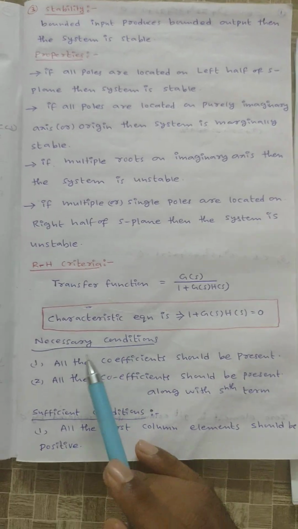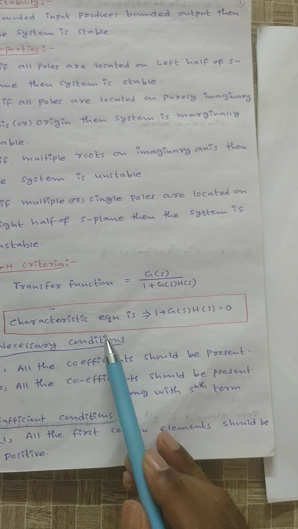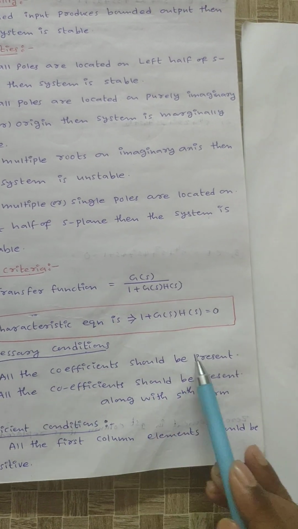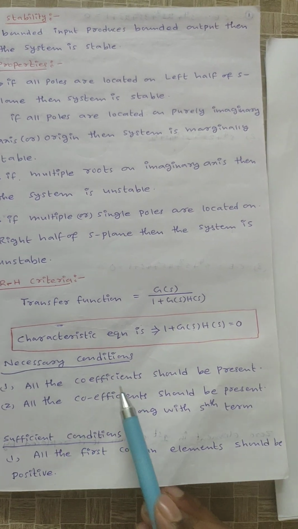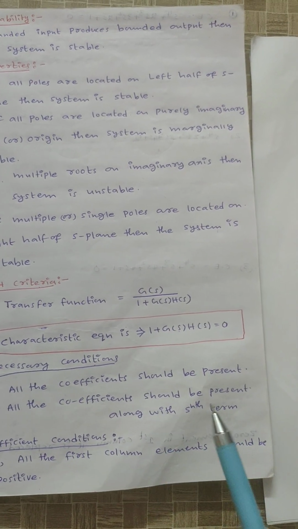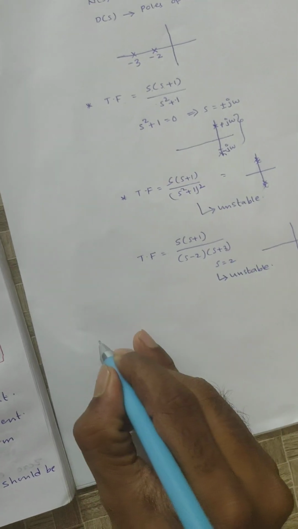Next, coming to the conditions. The necessary conditions for the RH criterion: all the coefficients should be present. This is the first one. Second, all the coefficients should be present along with the S power n term.